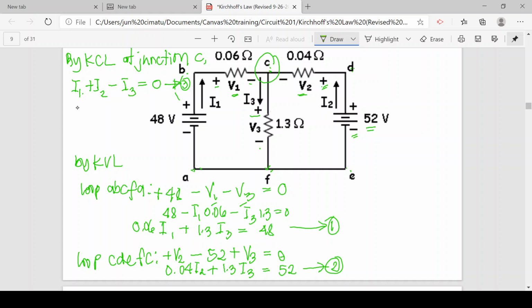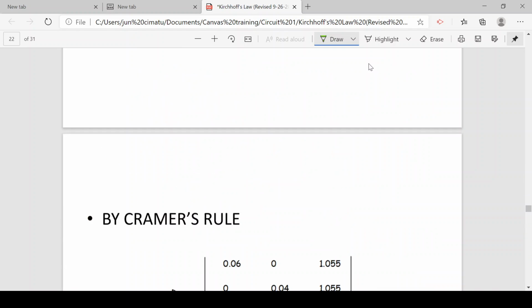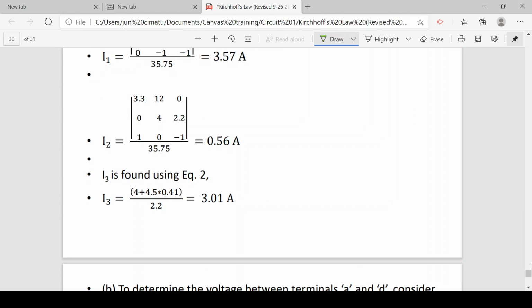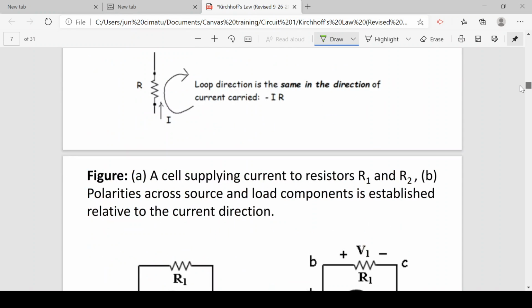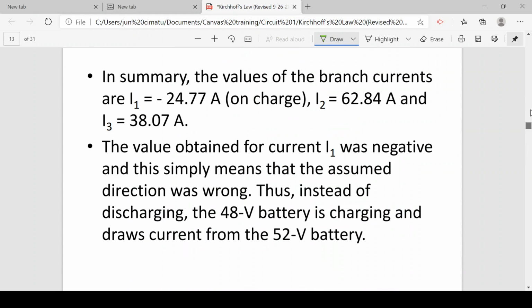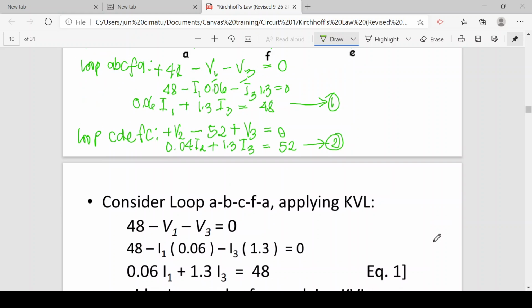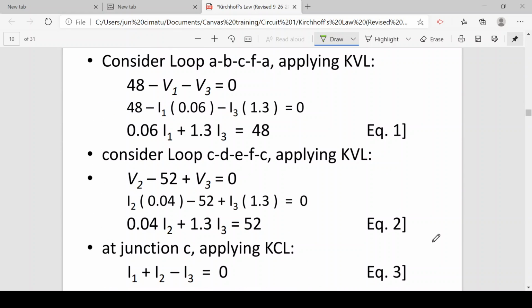When writing the equation, you have to arrange the variables in order to avoid confusion regarding its coefficients. And writing these three equations in matrix form, this is our first equation.